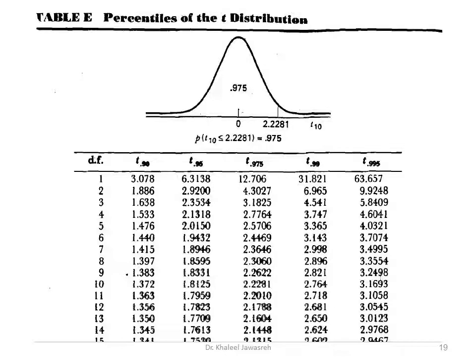This is another one, the percentile of the t table, the t distribution actually, where p is 0.975. Now we have degrees of freedom, and the t value at 0.9 confidence, 0.95, 97.5, and 99.